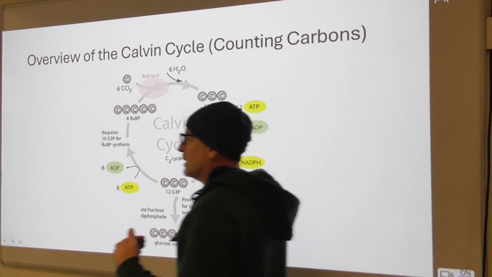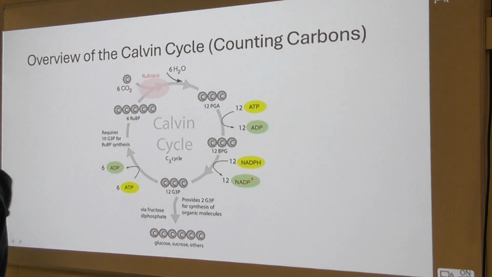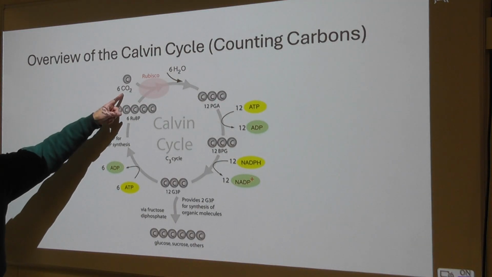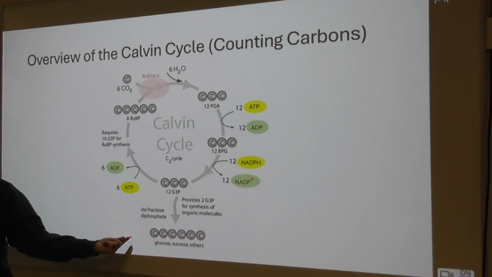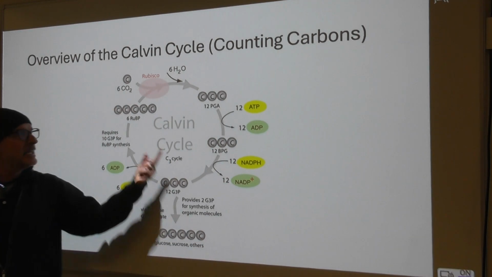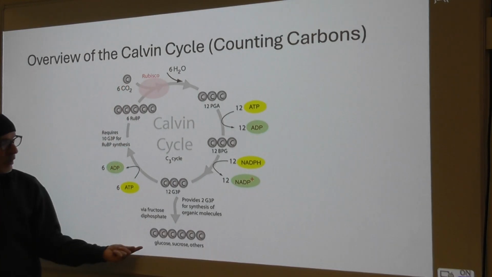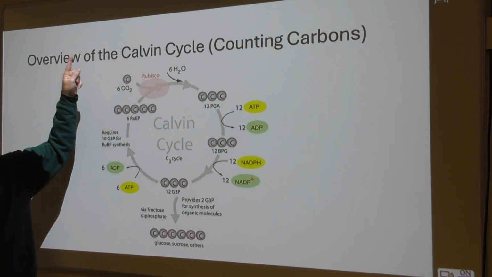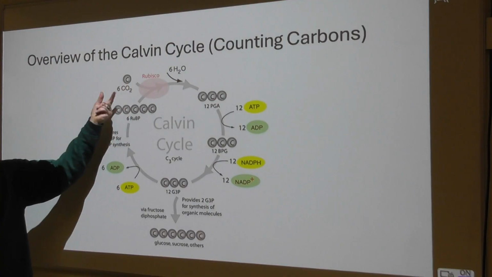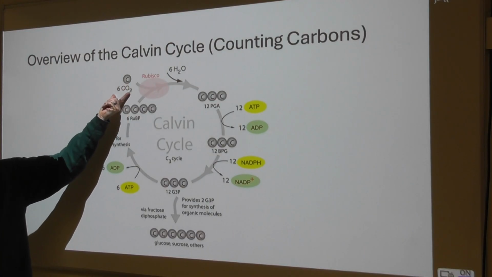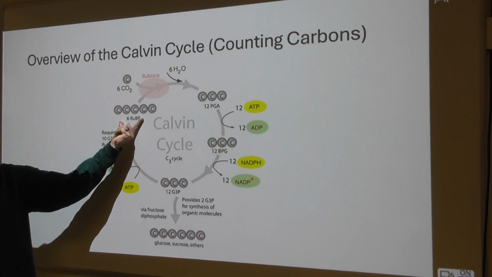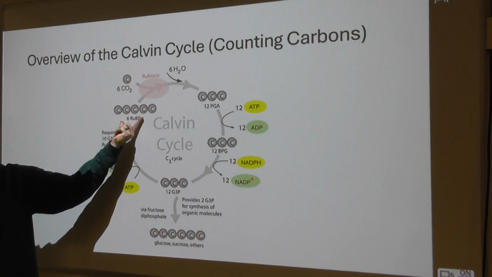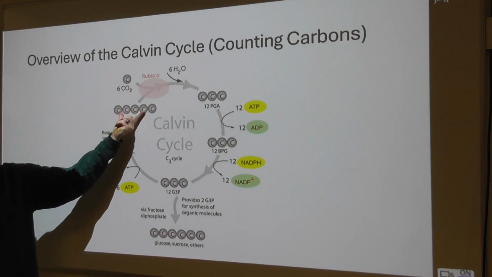If we think about this in terms of the number of carbon dioxide molecules it would take to make 1 glucose molecule, we need 6 carbons to make 1 glucose. So if we have 6 carbons coming from 6 CO2 molecules, they will combine chemically with 6 RuBP molecules. These are 5-carbon sugars.